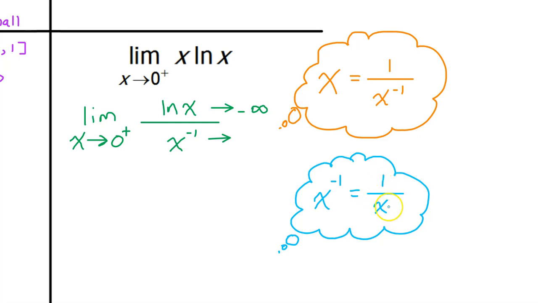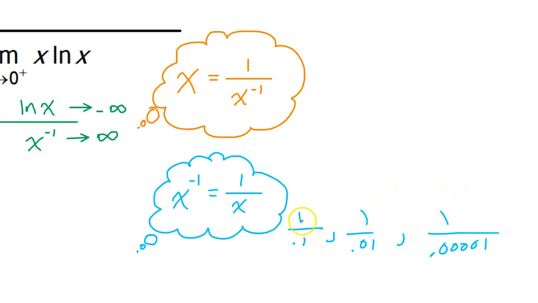So you have to picture what happens to the value of this fraction as x gets closer and closer to 0. Imagine 1 over 0.1 and then 1 over 0.01, 1 over 0.00001.